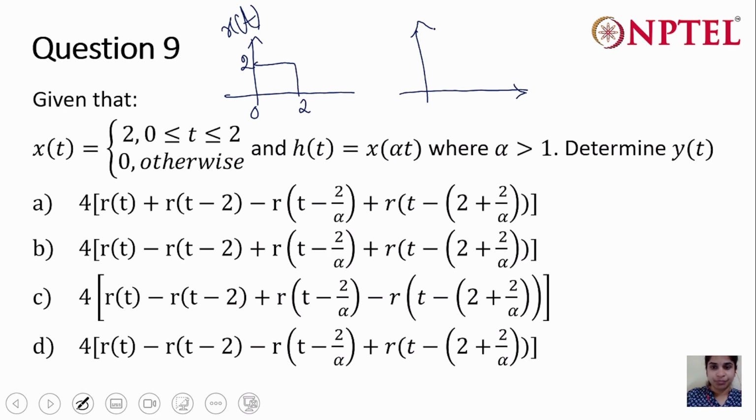What will happen? If alpha is 2, x of 2t means this is time compression, right? So t by alpha, so basically I'll be getting 2 by alpha.